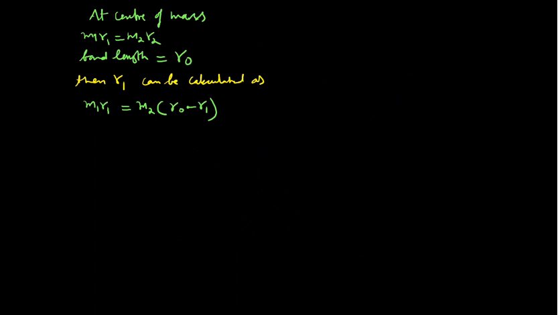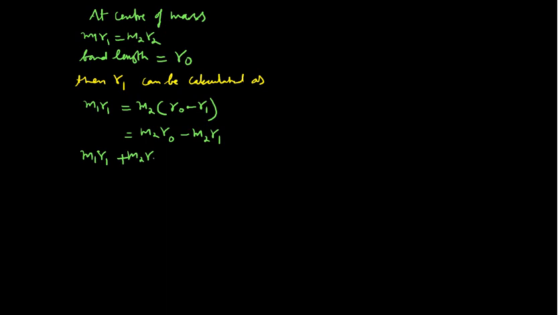Now you can simplify this particular equation, that is M2 R0 minus M2 R1. Then again you can rearrange the equation. This is M1 R1 plus M2 R2. See what you have done: you have lifted this M2 R1 and moved it to the left hand side. So you have to be a little bit careful in doing this.